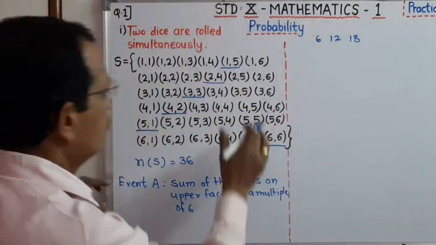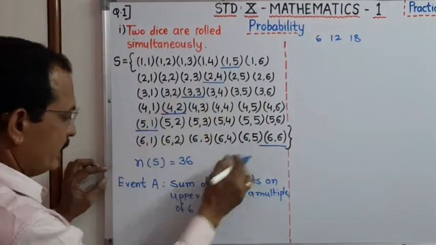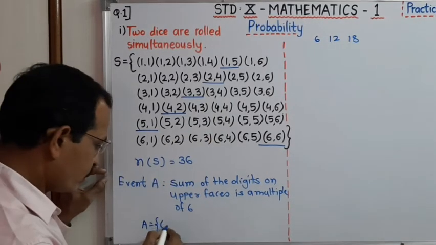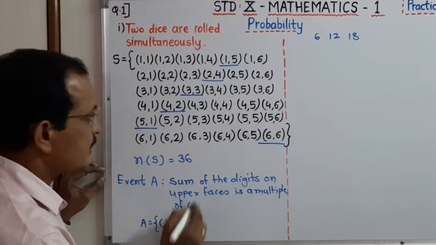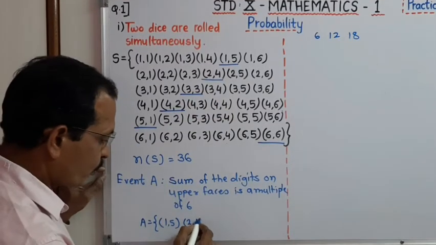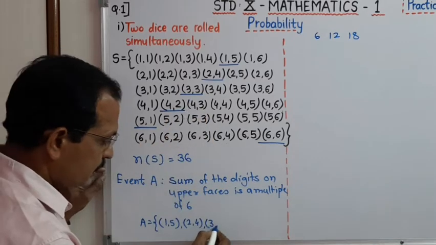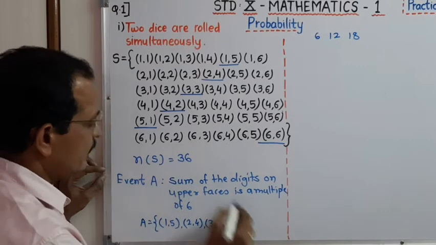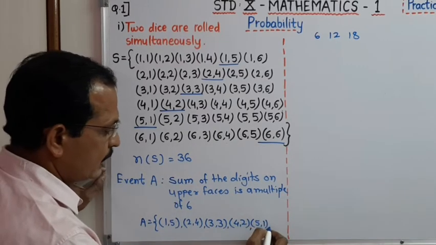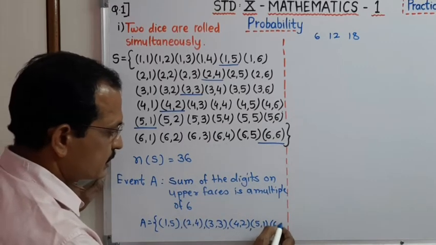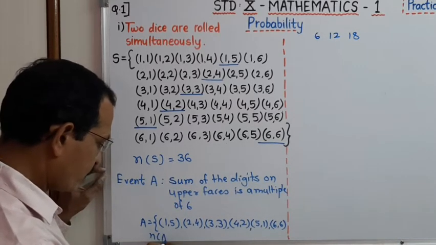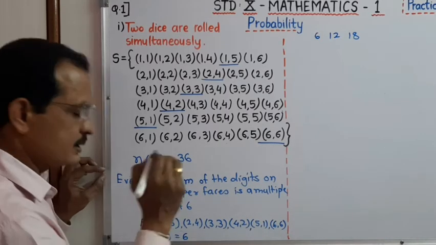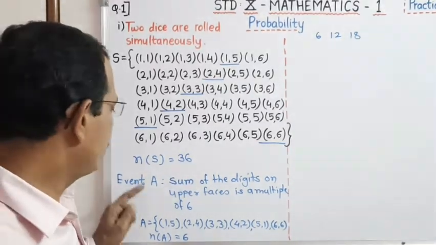Now we got here 1, 2, 3, 4, 5 and 6. Therefore we have to write A is equal to: first 1, 5, second 2, 4, here it is 3, 3, then 4, 2, then 5, 1, and the last one is 6, 6. Therefore n(A) is equal to 6. This is for the event A.